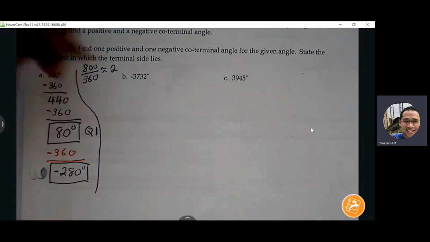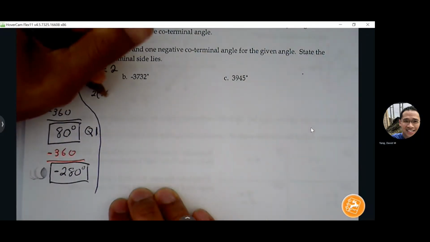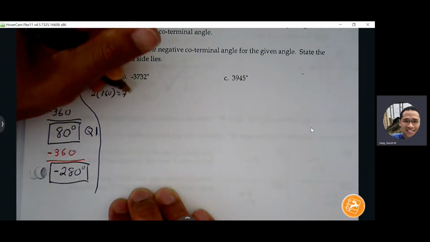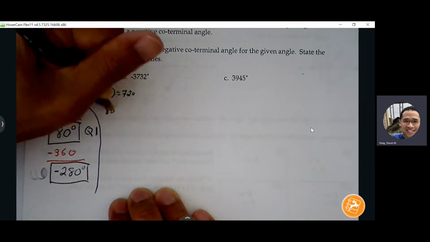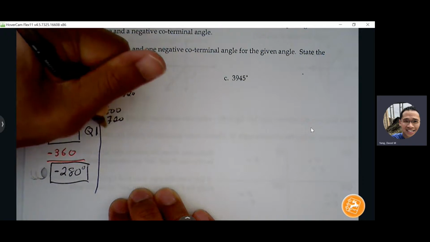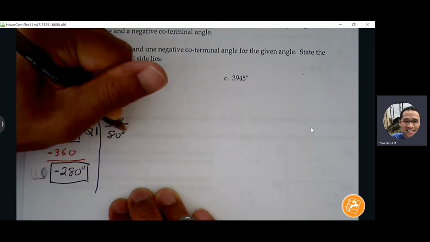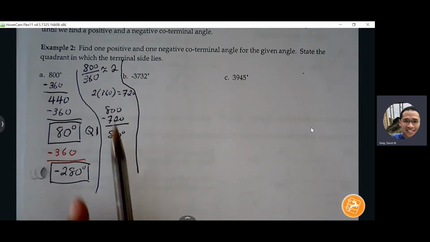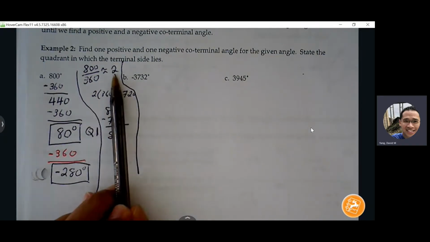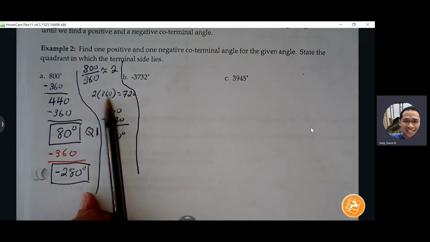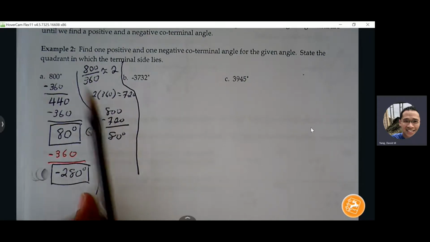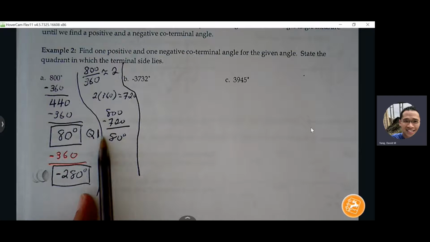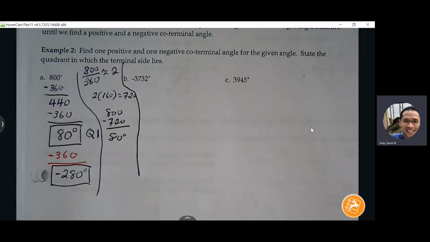So if I do 2 times 360, that's 720. Then if I do 800 minus 720, I get 80 degrees as well. I know it doesn't seem like a shortcut because 800 is not that big of a number. But if I can figure out how many rotations it is, I can multiply that by 360 and subtract that number from my starting value, and that will get me down to the angle measure that we recognize faster.